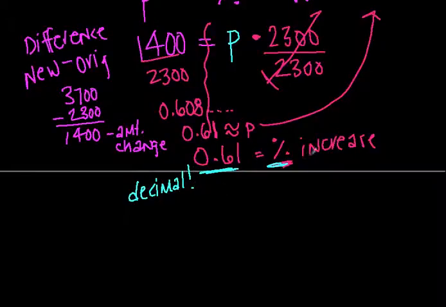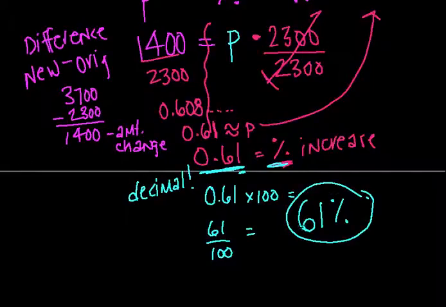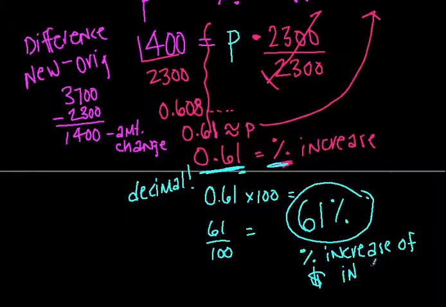So this has to be converted to a percent. To do that, we learned that we can multiply by 100, or we could say there are 61 hundredths. 1 is in the hundredths place. Both of these will give you the same answer, which is 61%. And that is the percent increase of money in the DC Club account.